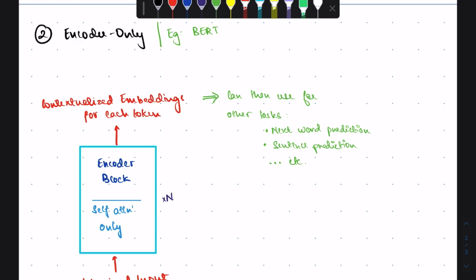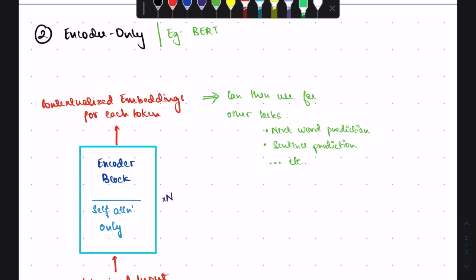Then you can do several things. Maybe you can predict on each token what part of speech that token is. Maybe you can predict on the whole sentence if you have another output token which pools all the features for each of the tokens in, right?